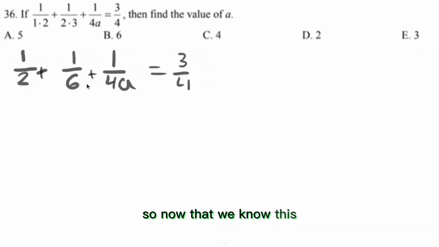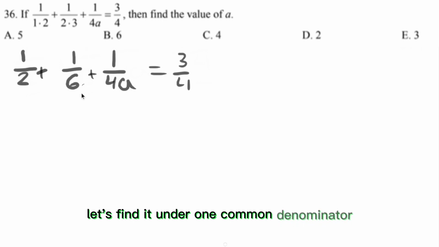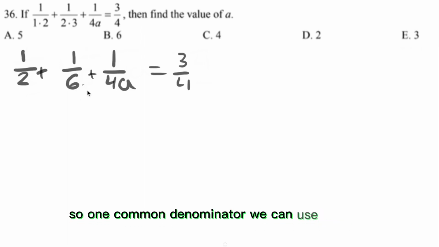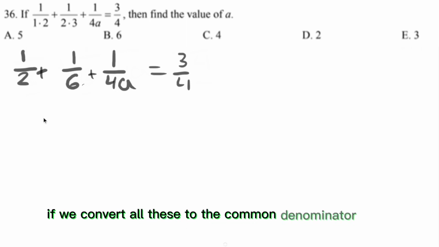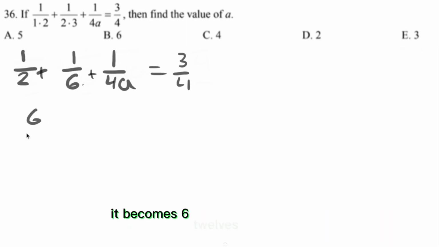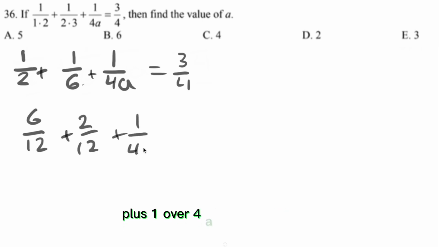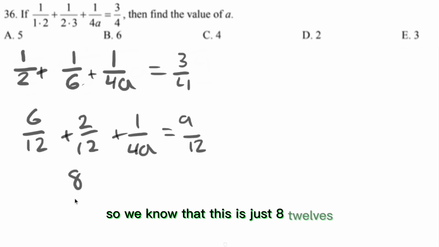So now that we know this, let's put it under one common denominator. One common denominator we can use is 12. So if we convert all these to the common denominator of 12, it becomes 6/12 plus 2/12 plus 1 over 4a equals 9/12. So we know that this is just 8/12.